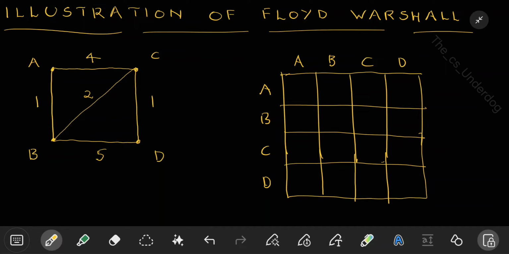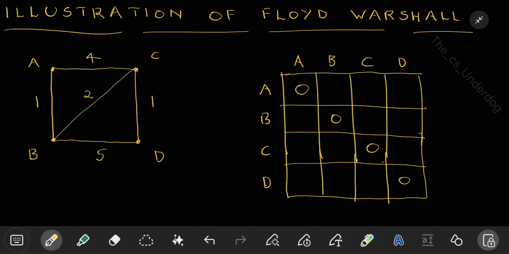What is the initialization to be done? We learned that while initializing, all the distances from a vertex to the same vertex, d_ii, will be equal to 0, which means A to A is 0, B to B is 0, C to C is 0, D to D is 0. This is the initialization.